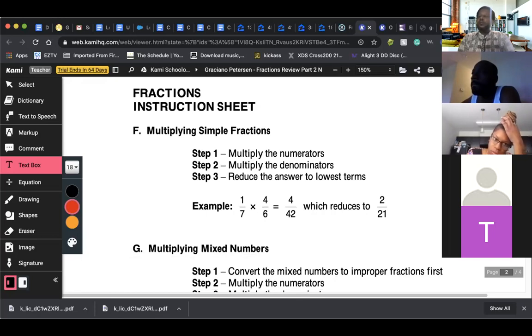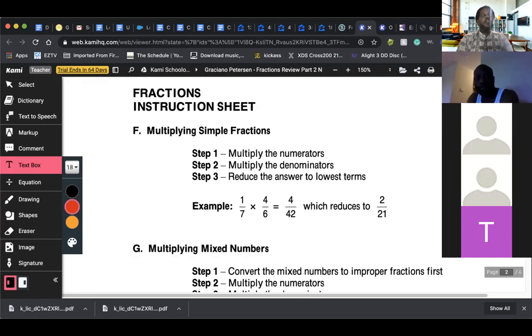We don't have to do much else than that, except when we notice that the answer can be reduced, we need to reduce it. So we're going to end up with 4 over 42, but we need to reduce it by 2 to get 2 over 21.